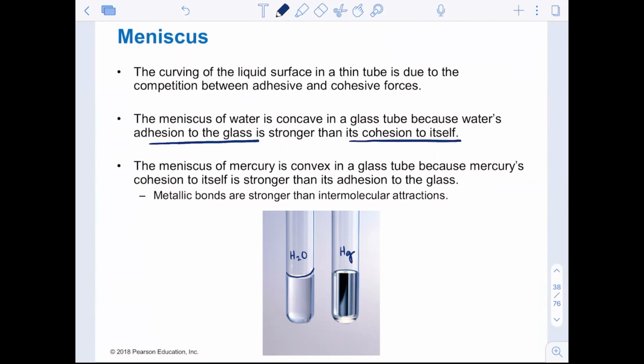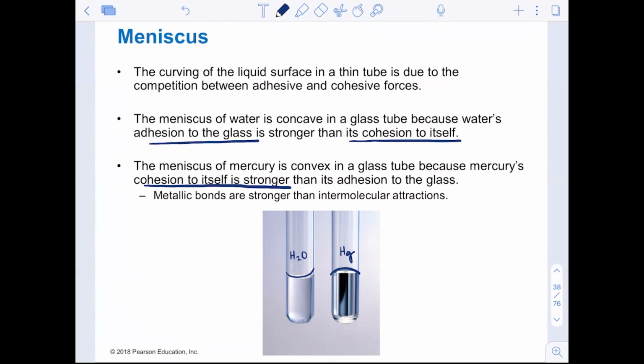Mercury, on the other hand, has a convex meniscus where it bubbles up because the glass in the tube is not attracted to the mercury itself. So the adhesion is weaker than the cohesion. The cohesion with the mercury interacting with itself is much stronger than that of the actual glass itself.